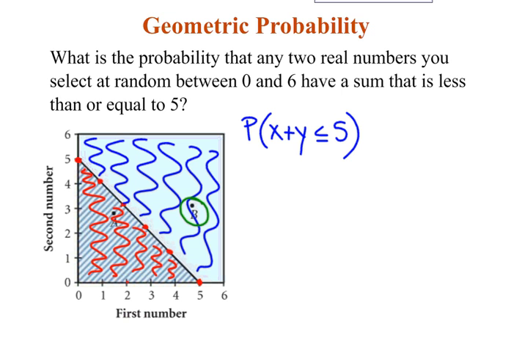But we're going to do it by finding the area of the triangle, which we see here, and putting that over the area of the square. Because the area of the triangle represents those numbers that have a sum less than or equal to 5, and the area of the square represents all the possibilities.